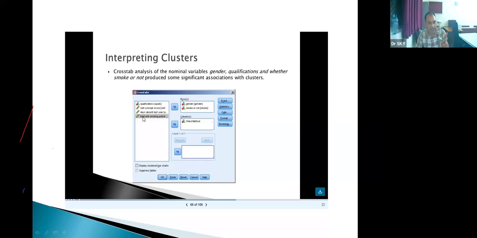This classification column is the Ward method, and we have these other categorical variables, that is gender, and this one, smoker or not, and then we can have a cross tab. So go to Analyze, then Descriptive Statistics, then Crosstabs. So we can have an idea whether these are independent of these groups or not.